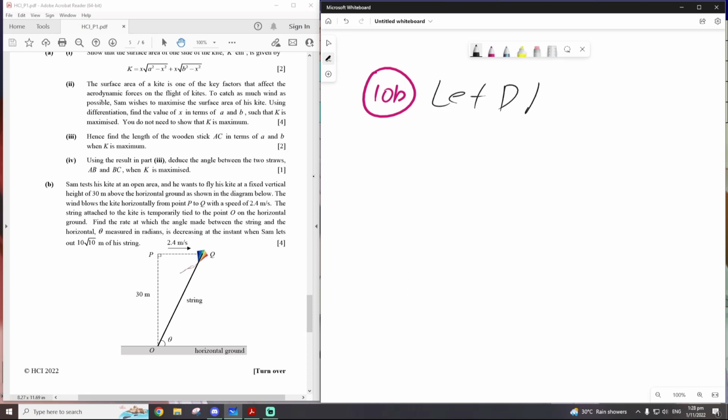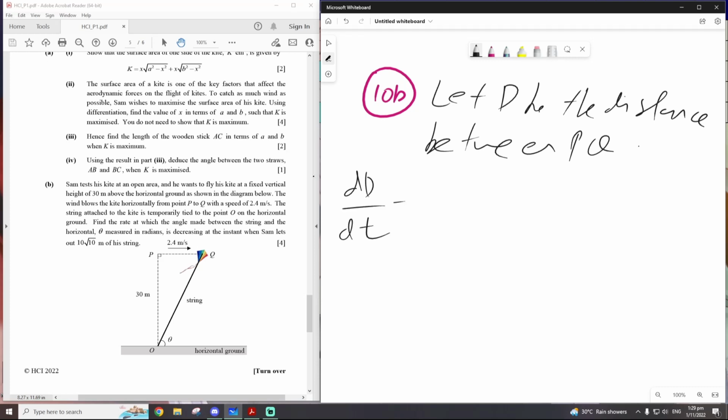Let d be the distance between PQ. Okay, so we notice that, of course by this definition, dd/dt is 12 over 5, and d itself is 30 cotangent of theta. And just so that my q doesn't look like theta.